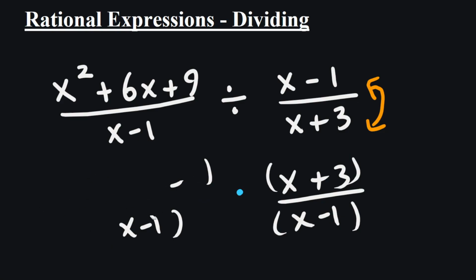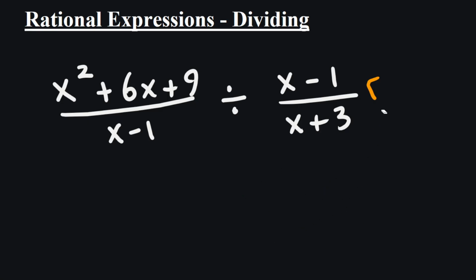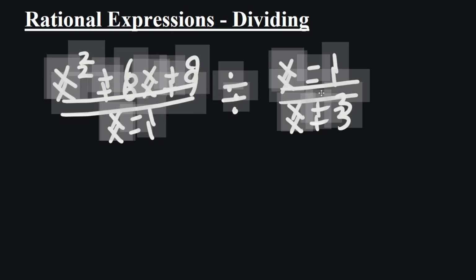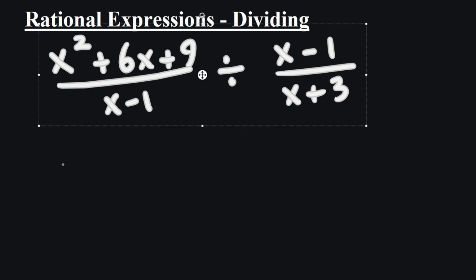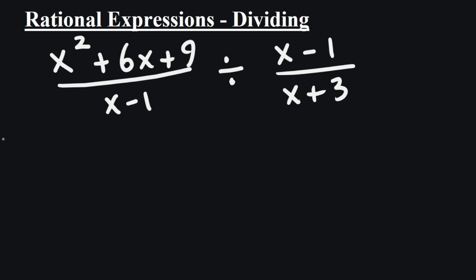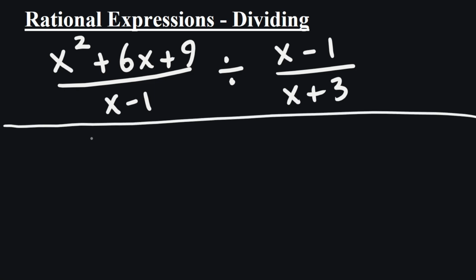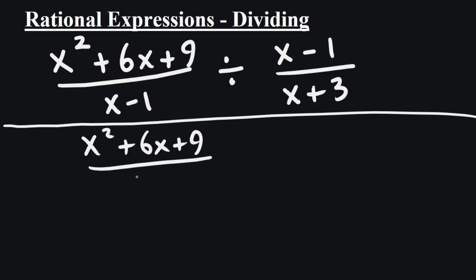One more thing I want to show you is another way this problem could be presented to you. Let me erase some of this. Let's write out x squared plus 6x plus 9 over x minus 1, that's this first part right here.